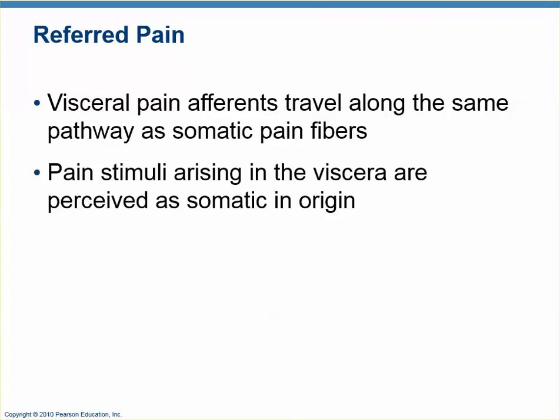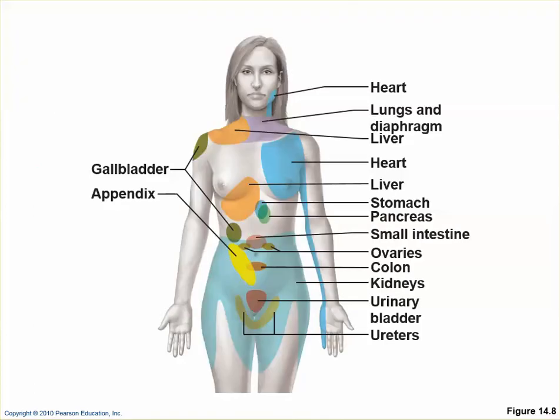We perceive it as being somatic in origin, so we end up with these funny pain patterns, so that your liver actually ends up causing pain in the right shoulder. Your ureters, which are located up here, actually cause pain down here, more in the front of the thigh.